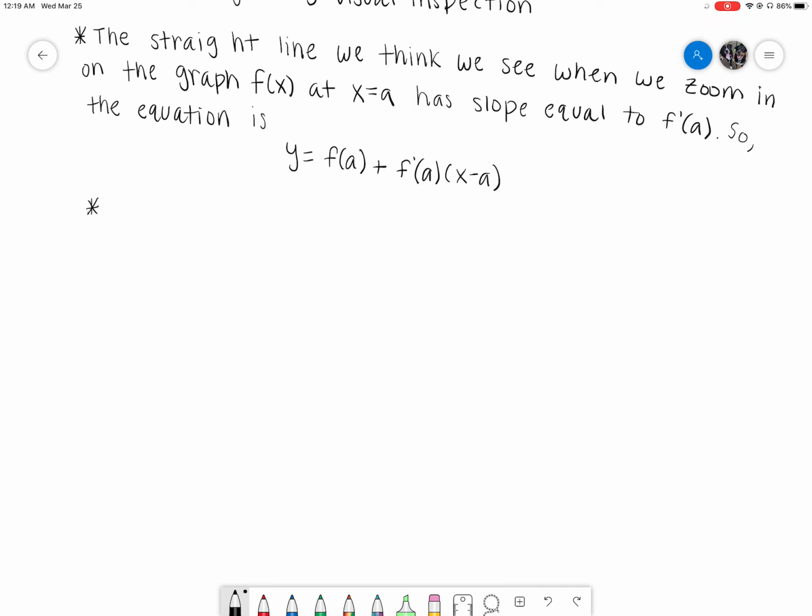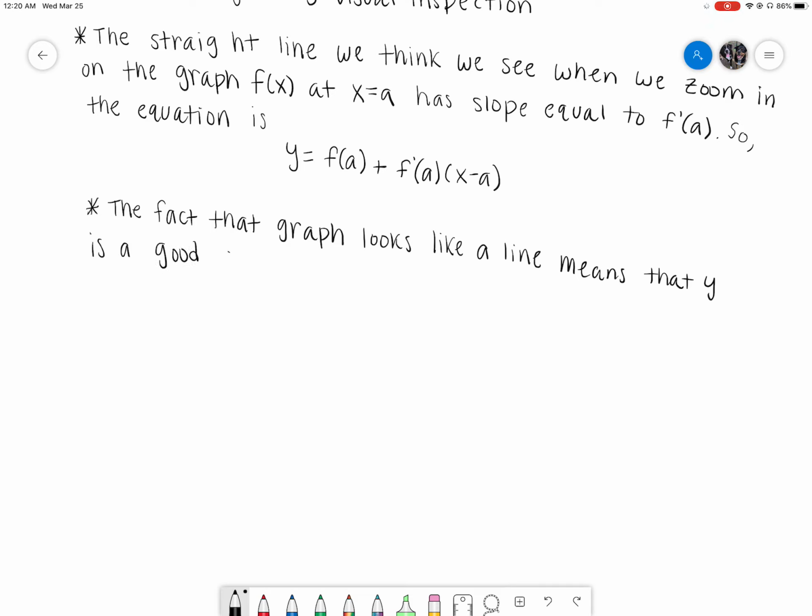And the fact that the graph looks like a line means that y is a good approximation for f of x.